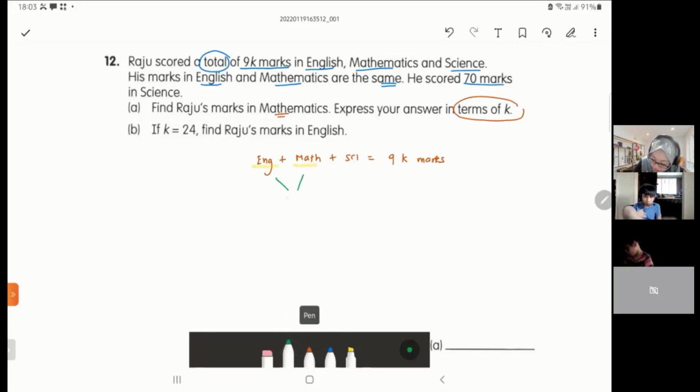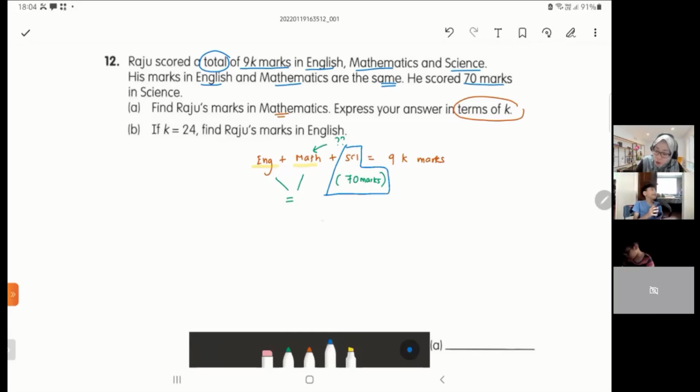This is equal. I know that my science is 70 marks. I want to find my math. So in this case, what do I do? I take away what I'm given. So what am I given? I'm given the science, this one. So I take away my science first.